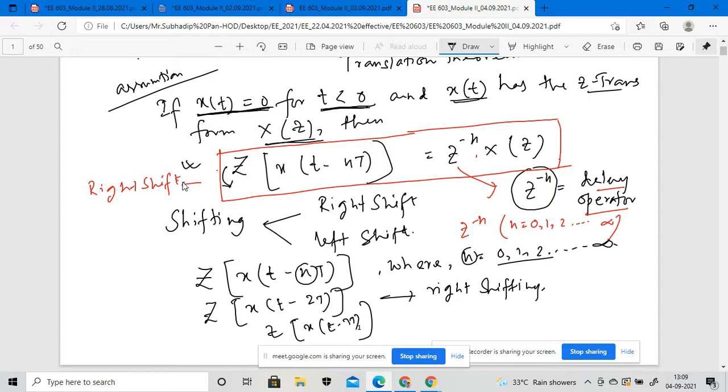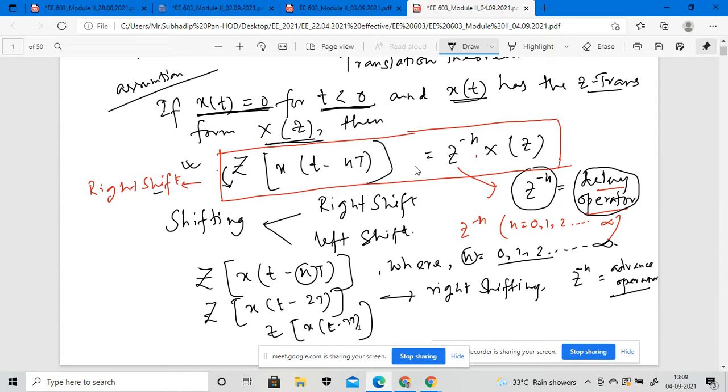So for the left shifting, z to the power n will be considered as an advance operator, and z to the power minus n will be considered as a delay operator in case of a right shifting. Now we are considering the right shifting.